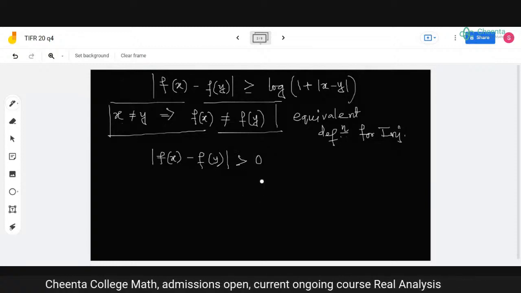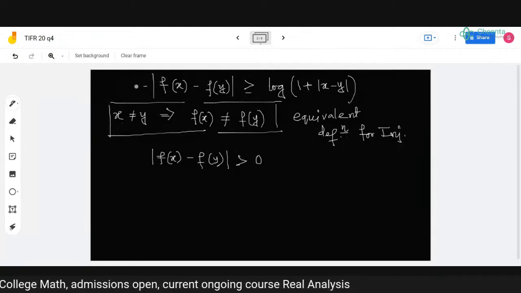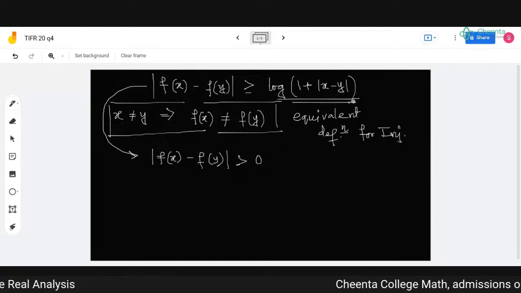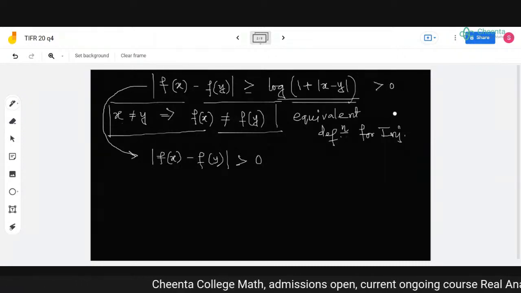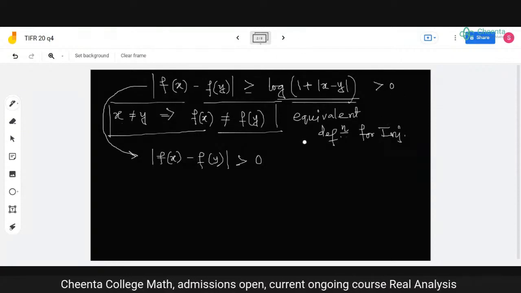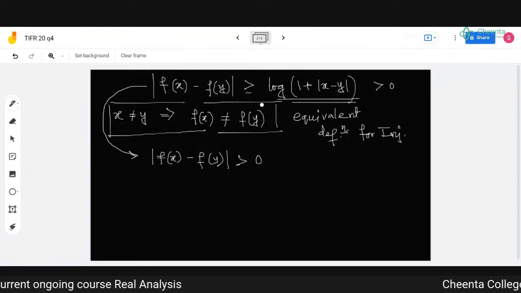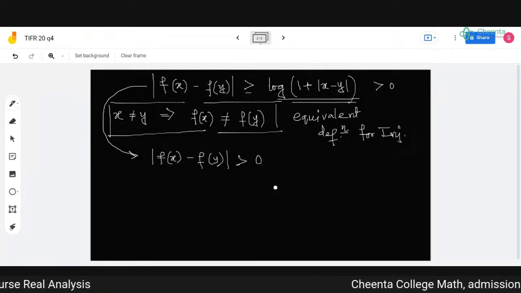Okay. So from here it's quite straightforward that if x is not equals to y, then this term is strictly greater than 0. Hence, we will see that f of x minus f of y is strictly greater than 0.